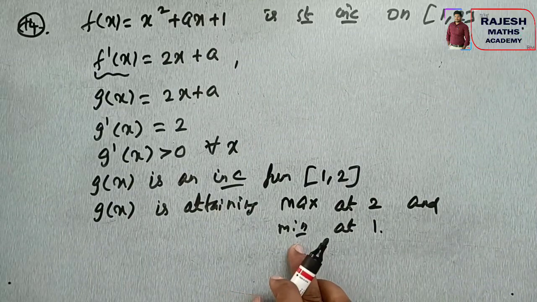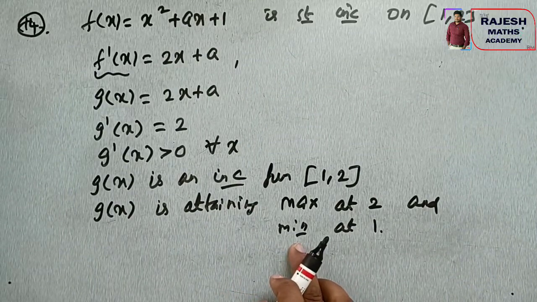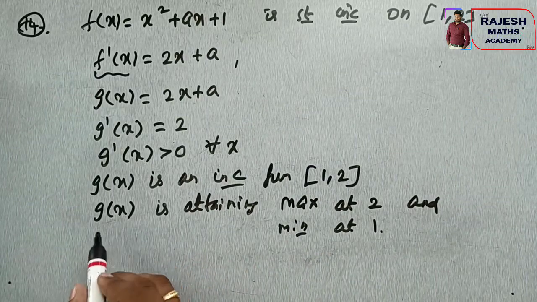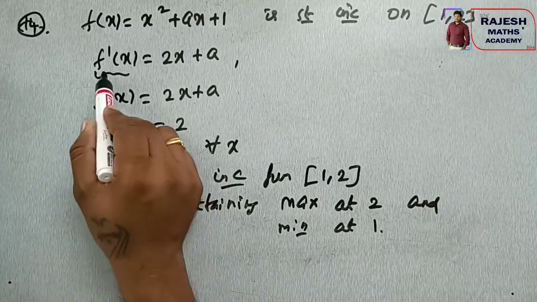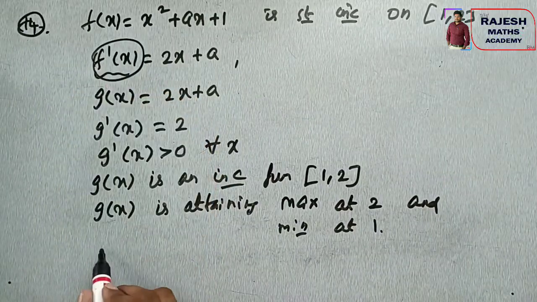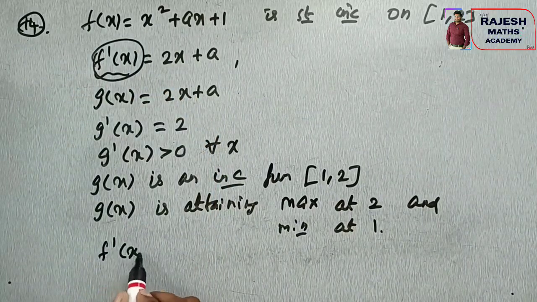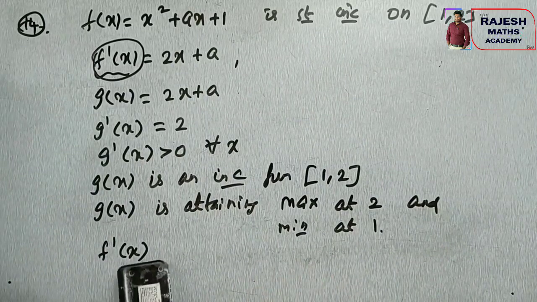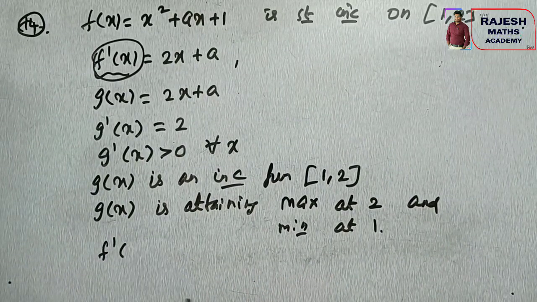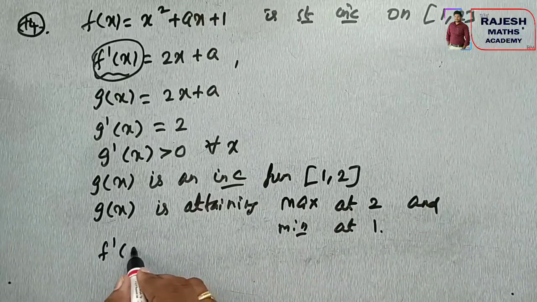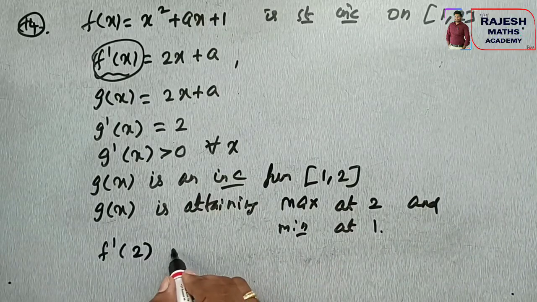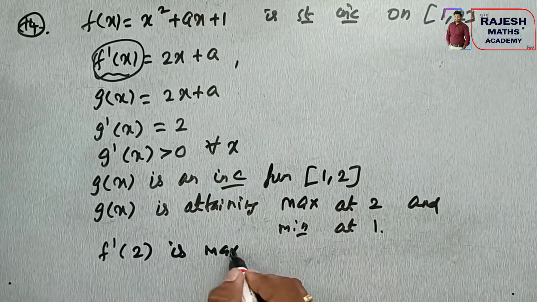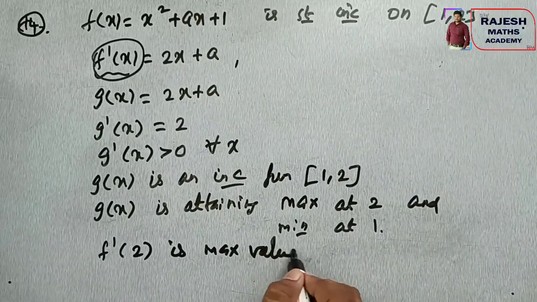So instead of g of x we can use f dash of x, which we have taken. What is the maximum value of g of x? Sorry, g of 2 is the maximum. So f dash of 2 is the maximum value.